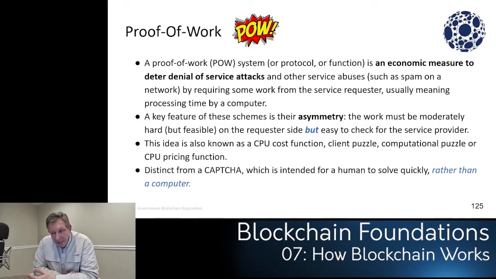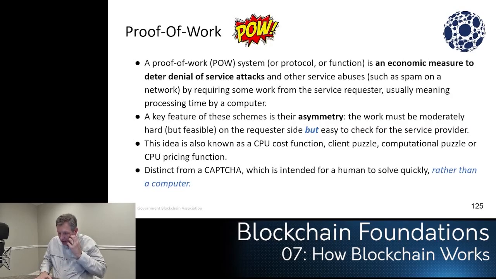And the whole idea is to slow down the incoming messages so that you can't effectively do a denial of service attack, right? A key feature of proof of work is asymmetry, which means it's difficult, hard, but feasible in order to do the work, but it's very, very easy to check to see whether the work was done correctly or not.